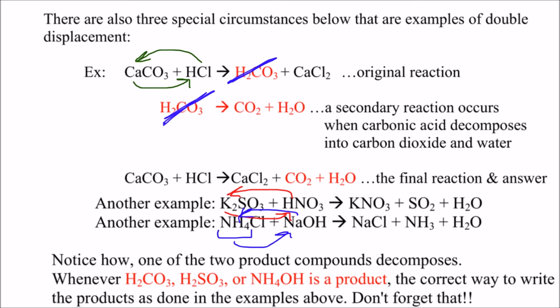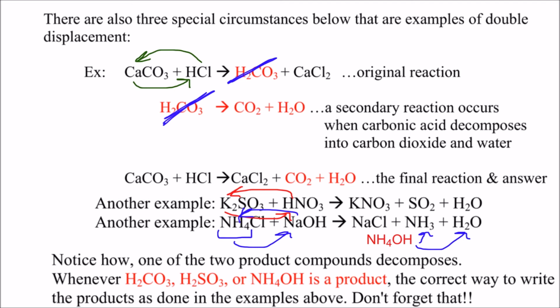So we've got the sodium that's going to partner up with the chlorine right here. Then we would have NH4 partnering up with the OH. So we would have that NH4OH, and what's going to happen is it's going to break down into ammonia and water. So NH3 and H2O.